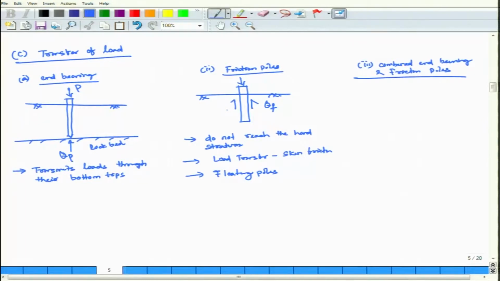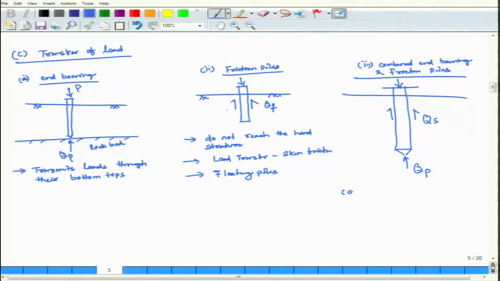If I draw it, load transfer from pile to ground, or from superstructure to foundation, will be by means of end bearing as well as frictional resistance. That means by means of QP as well as QS.